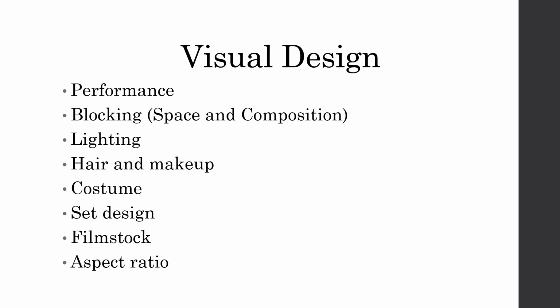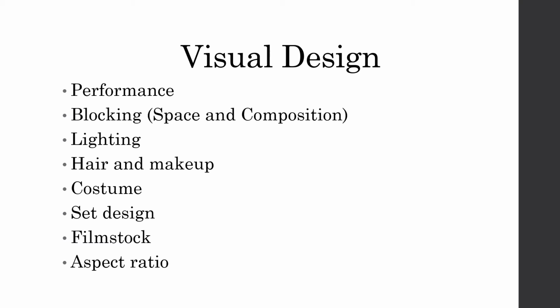So when you're shooting a video, whether it's for TikTok or a short film, whatever, you need to consider visual design, like performance, so how the actors act on camera. Blocking, how are they arranged in the shots. Lighting, hair and makeup, costumes, your set design.